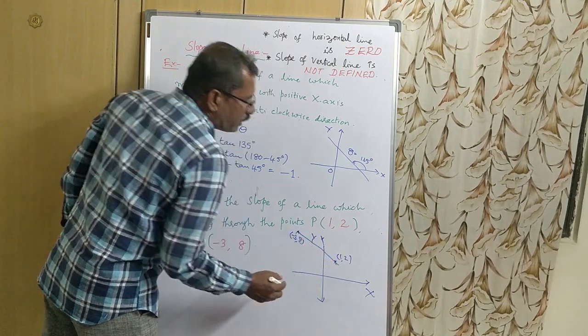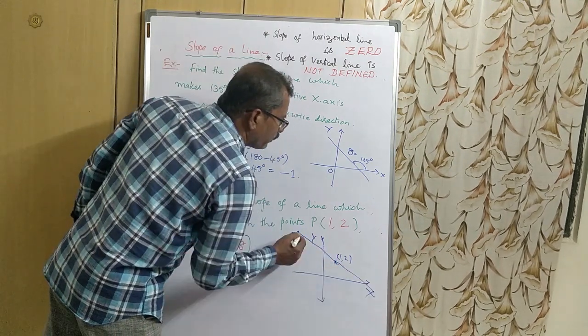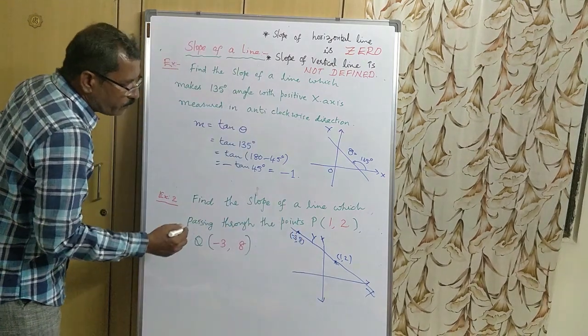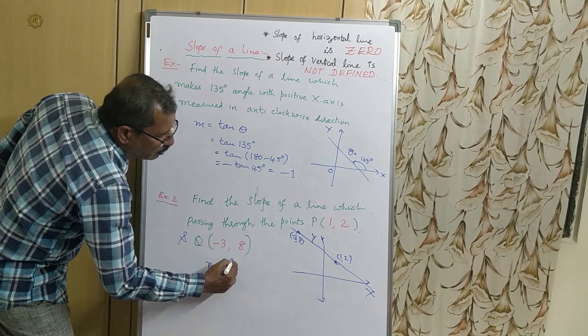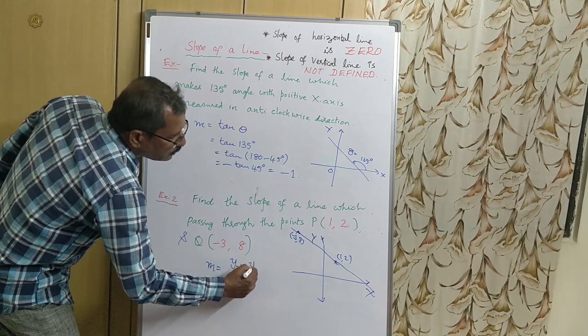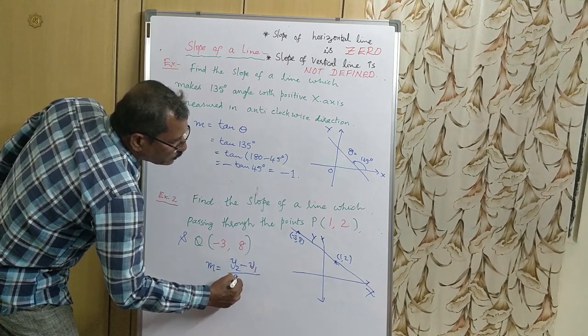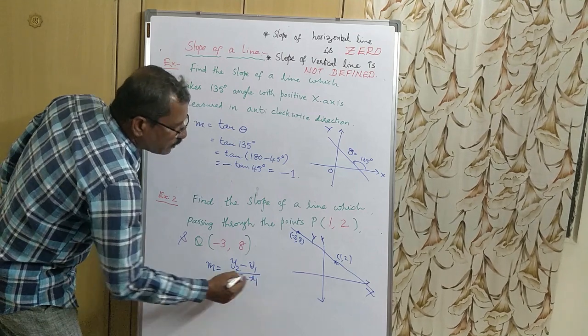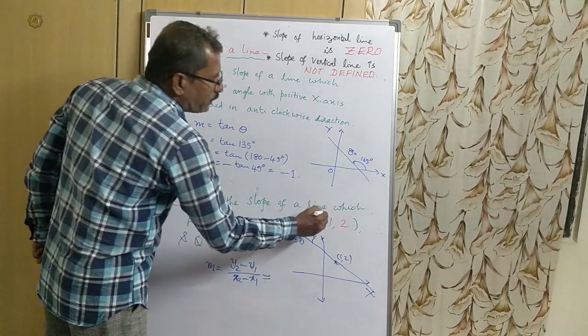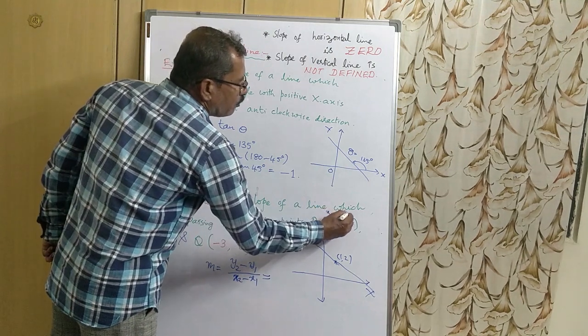So the slope, when the two points are given, m is equal to y2 minus y1 by x2 minus x1. The first point has coordinates x1, y1, and the second one is x2, y2.